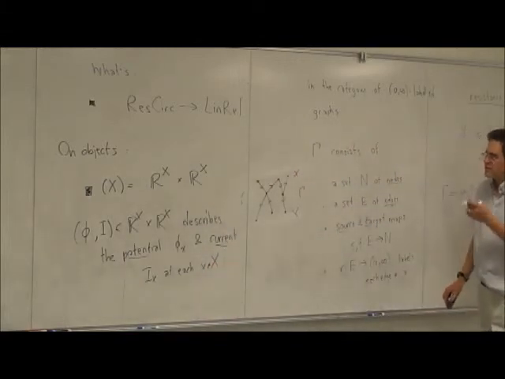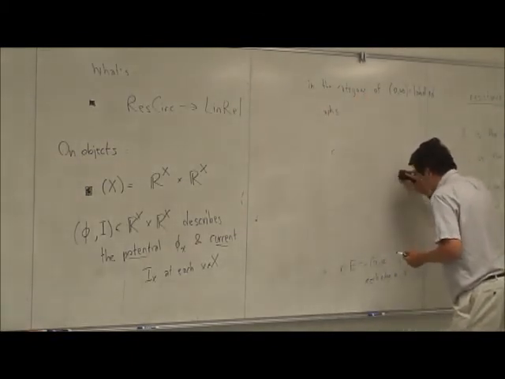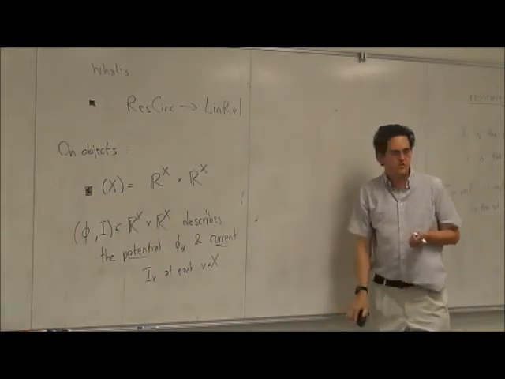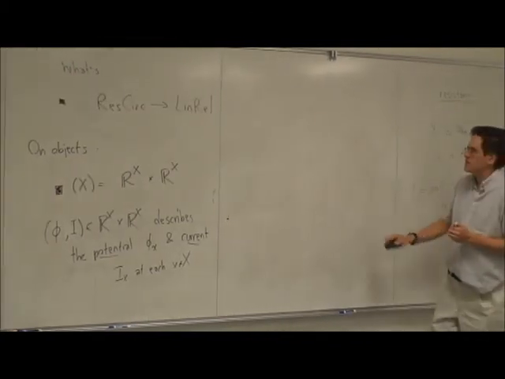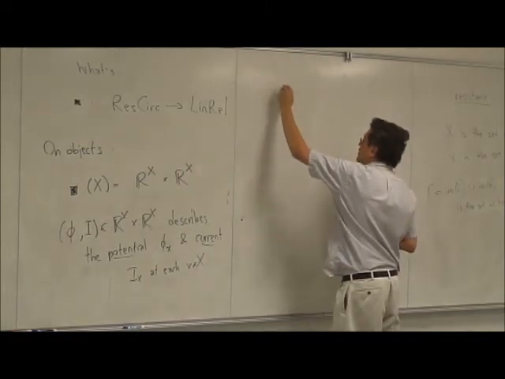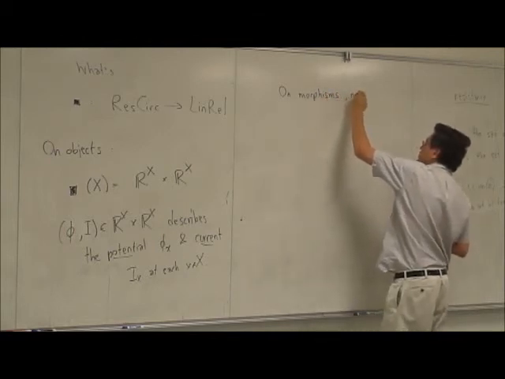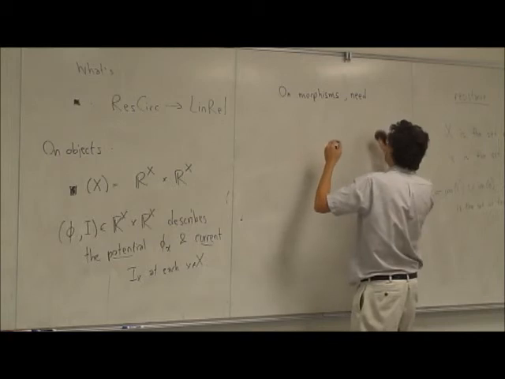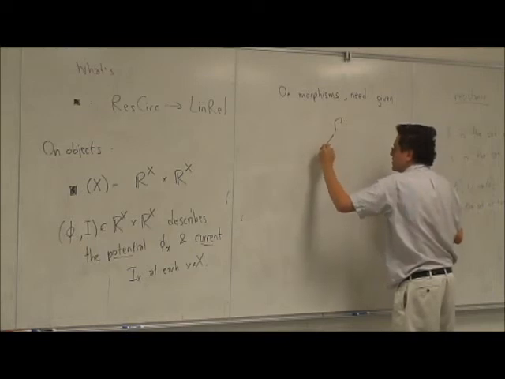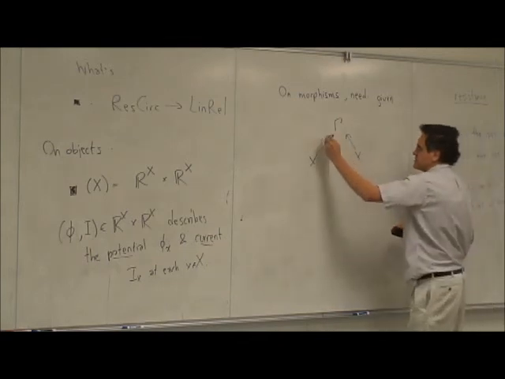Okay, that's nice. So then, what's going to take the rest of the time, unless I manage to go rapidly, is what does this functor do on morphisms? That's the meat of the whole subject. So we're supposed to get a linear relation from each actual circuit. So what we need is, we're given some circuit with X as inputs and Y as outputs.